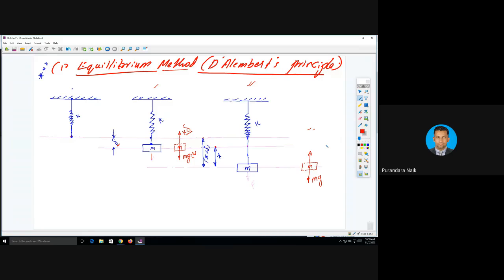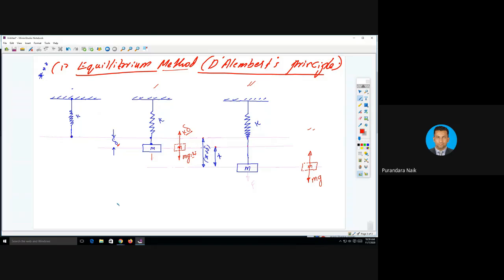What is the value or the magnitude of spring force? Can anyone tell? What is the magnitude of a spring force acting in the third position? Please, can anyone tell me? Spring force is distance traveled into spring constant.